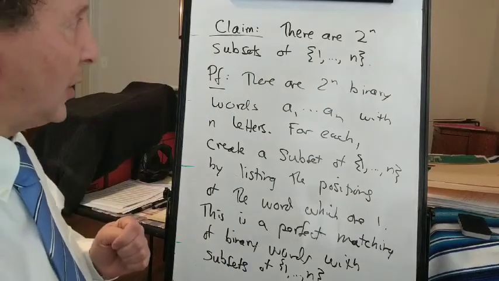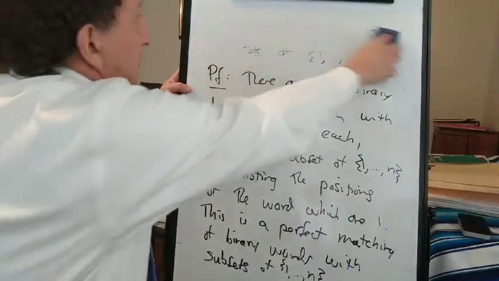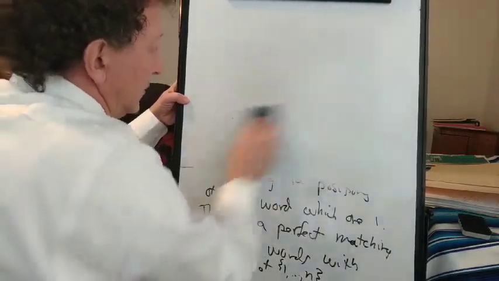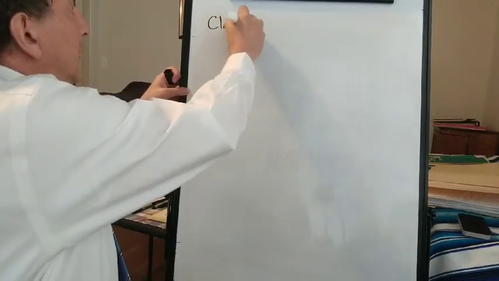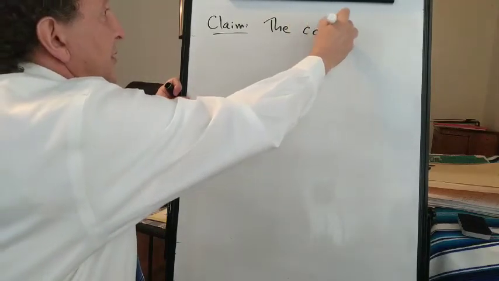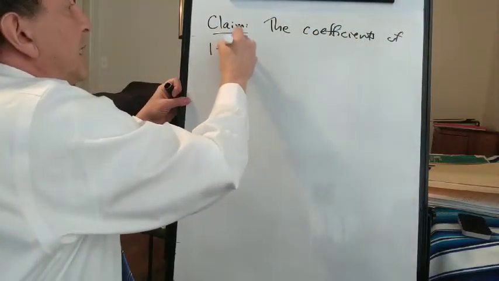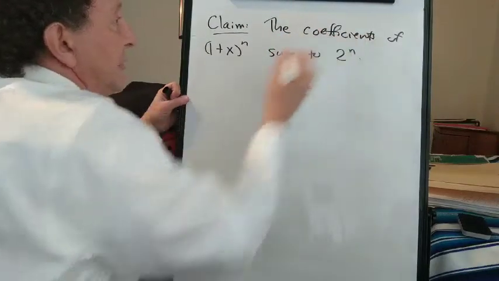Now subsets also come up when we look at polynomials. It turns out that the coefficients of 1 plus x to the n sum to 2 to the n.